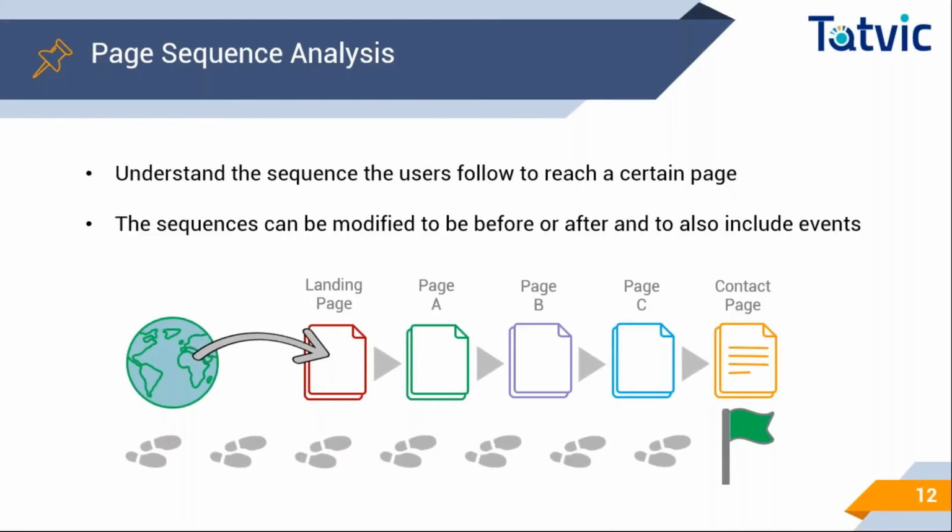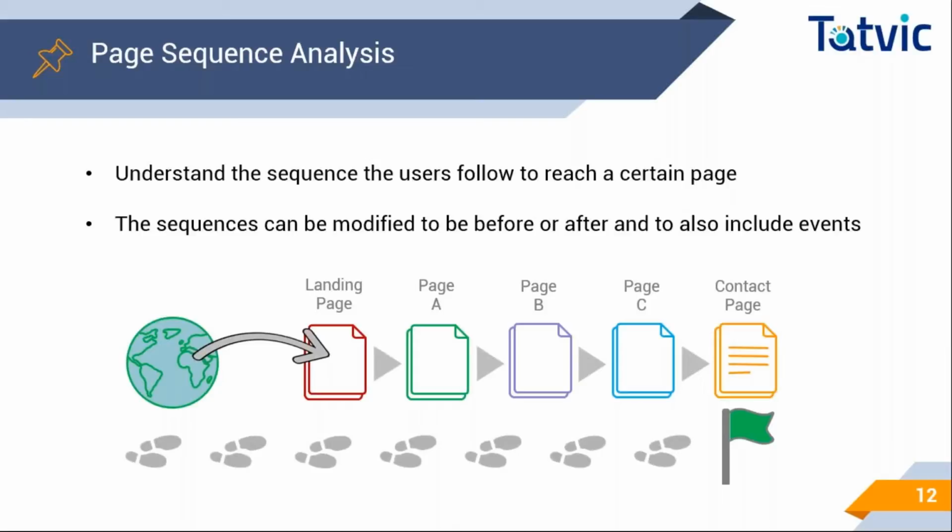All right. To start with, page sequence analysis. For a lot of marketing managers or product managers, the question most of the time is: I want to understand the user journey, which pages people visit in sequence before they submit the lead, or before they land on the contact us page, or in the case of an e-commerce website, before doing the transactions.